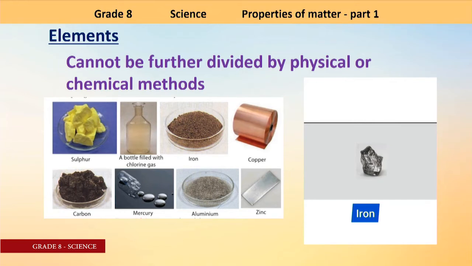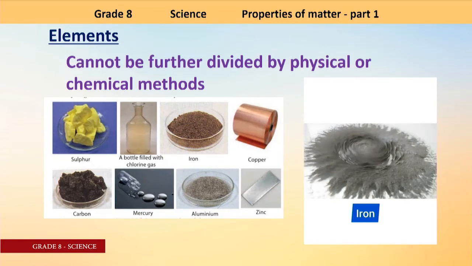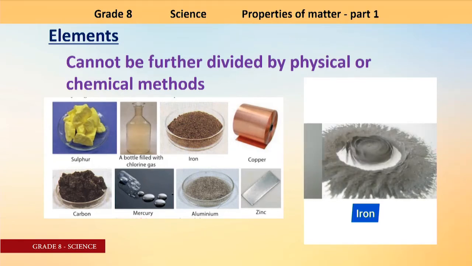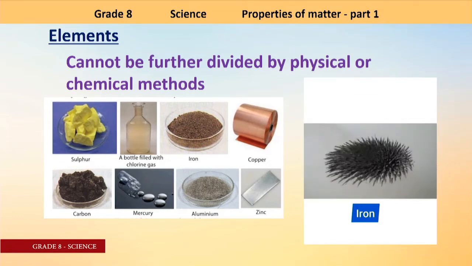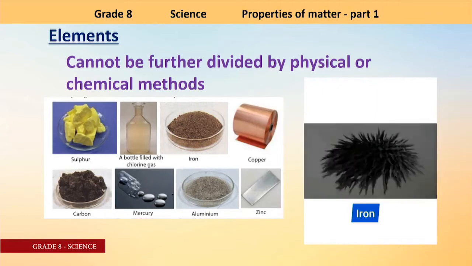Iron can be used in various ways. In laboratory purposes, we use some iron dust like this for various practicals. The other thing is that iron dust or iron particles are attracted to magnets. So, we can do various experiments in our laboratory using that iron dust. So, iron is another element.